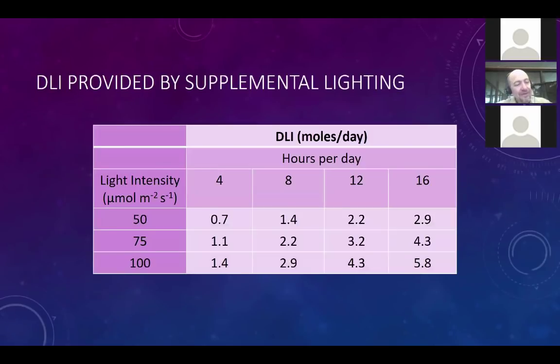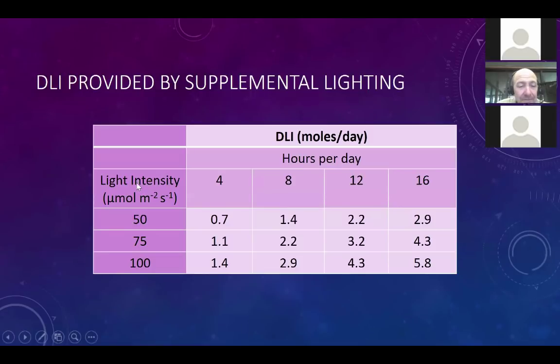Now, how much light do we actually get from supplemental lighting? And this is often a bit of a surprise. When you look at the sun delivering 50 moles per day outside in the summer, you think, well, supplemental lighting has got to be close to sunlight. But this chart will show you that the amount of light that we really get from artificial lights is really not all that impressive.